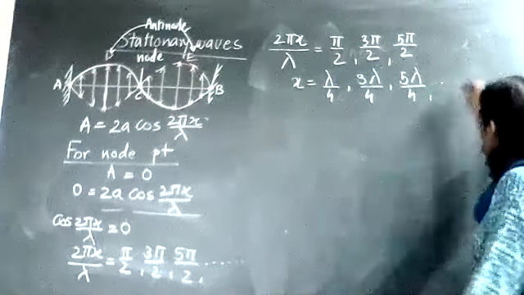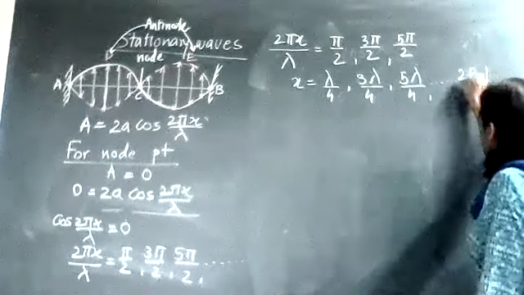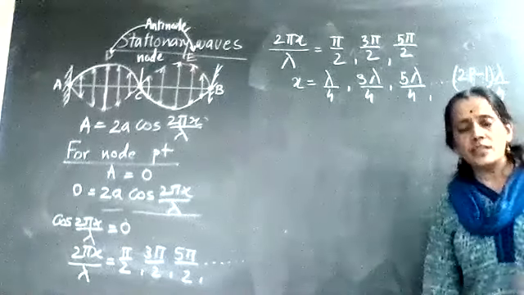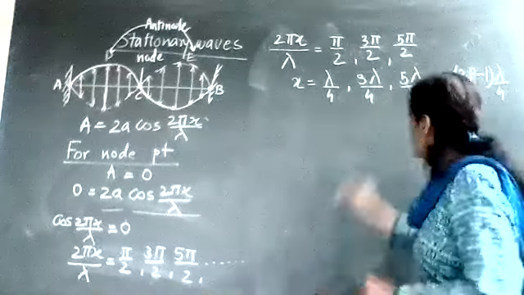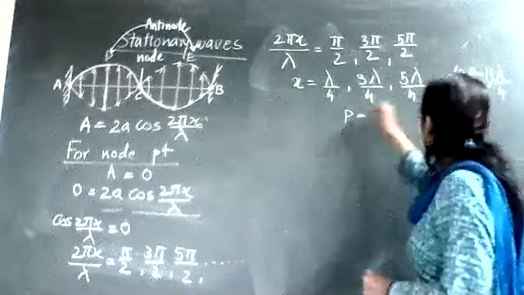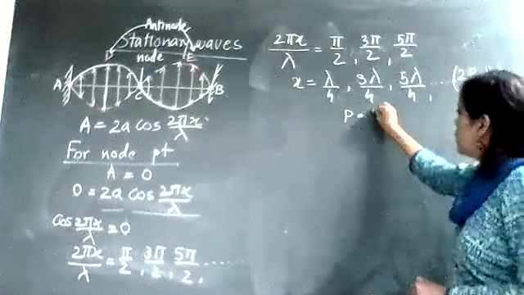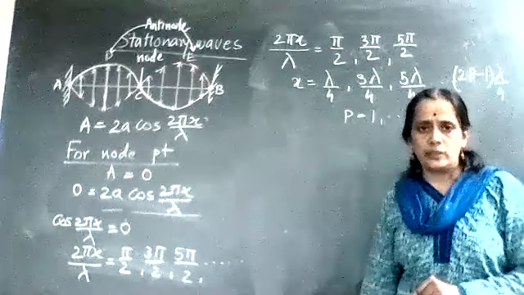So in generalized format, what do I say? 2p minus 1 into lambda by 4 is nothing but the distance where I will get the node point. Where your p value is nothing but an integer value. So if I put the p value from 1 to n, I will get the location of the node points.